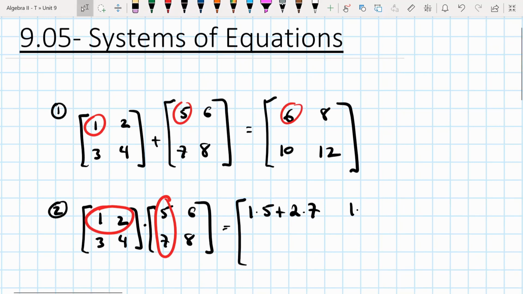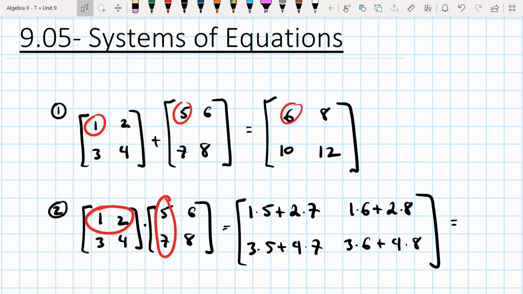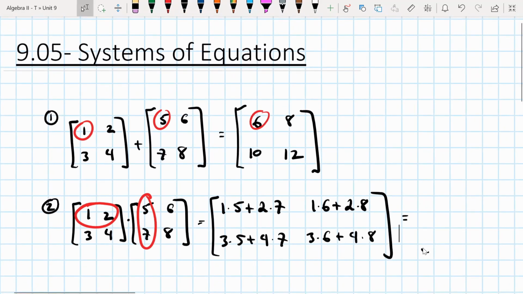So that's 1 times 6 plus 2 times 8. Second row first column, so 3 times 5 plus 4 times 7. And then second row second column is 3 times 6 plus 4 times 8. Okay. And so the resulting matrix from this multiplication is going to be 15, 22, 43, and then 50.